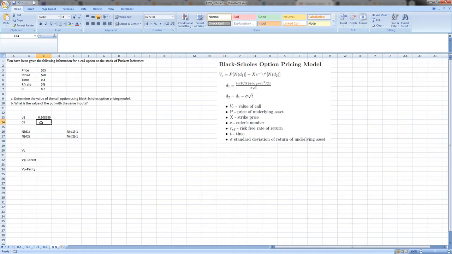There we go, that looks better. Now we solve for d2. Depending upon your version of Excel, you can either use NORM.DIST, or if you're using a later version, like what I'm using, it'll be NORM.S.DIST.